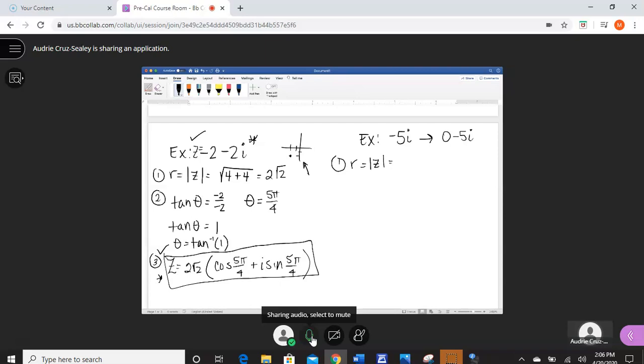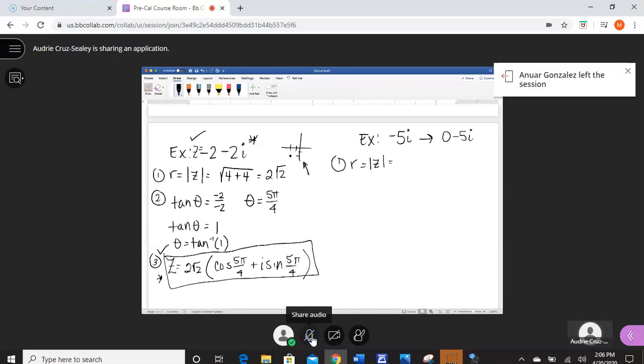If it's asking you to put it in polar form, you have to type this in. I don't even know how to graph this in a calculator. I guess you could do 2 square root of 2 comma.